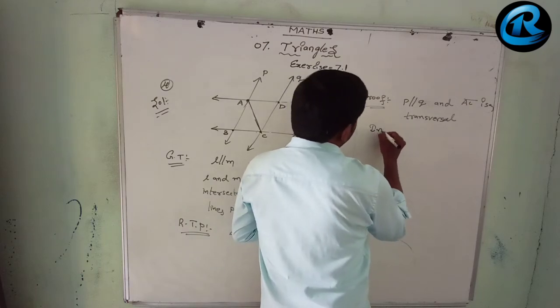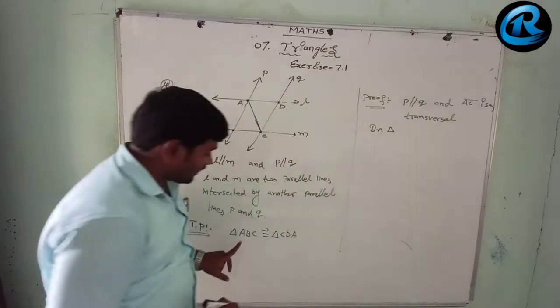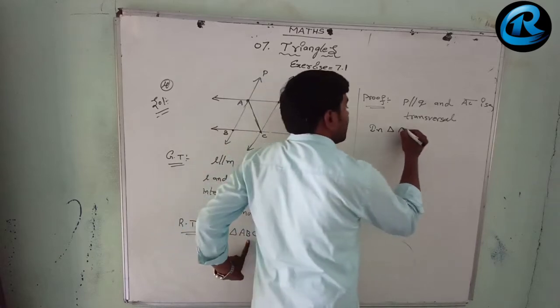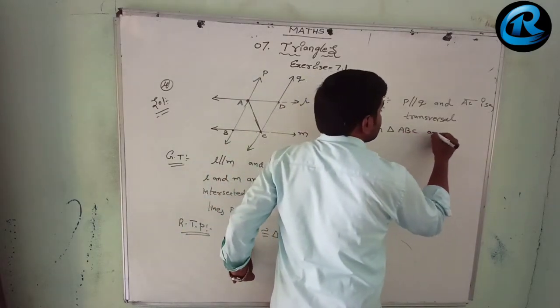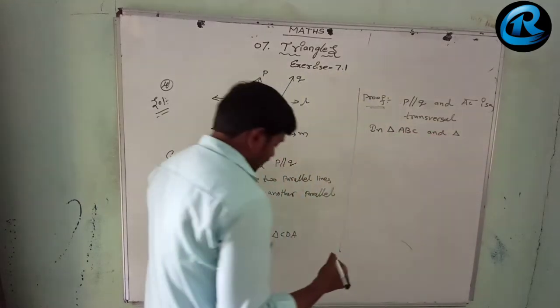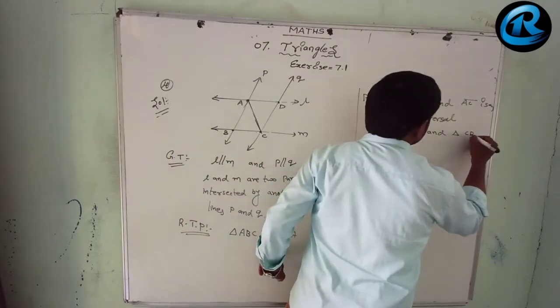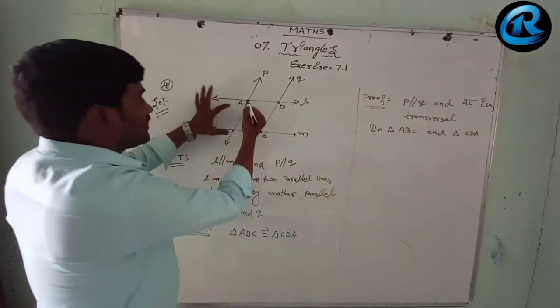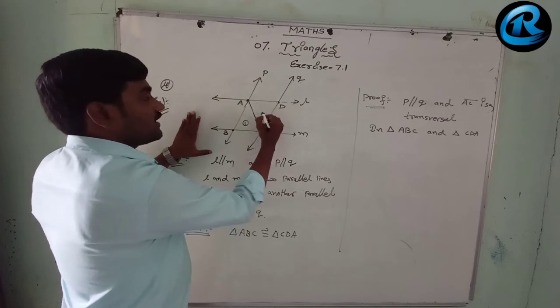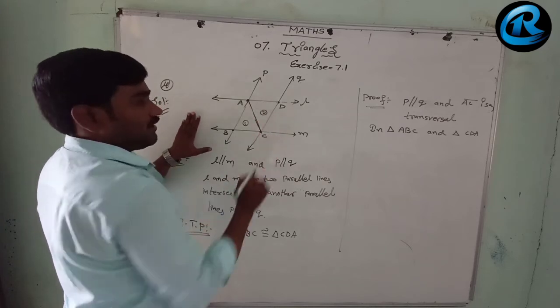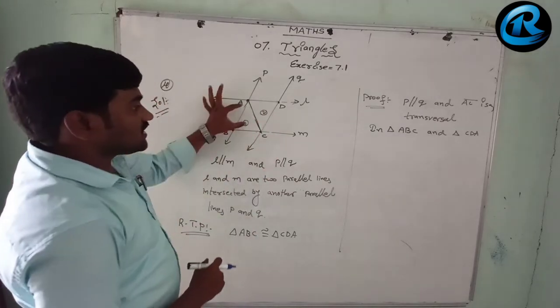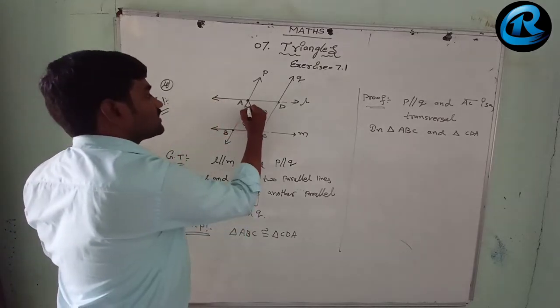Now let us take the triangles they asked to prove: triangle ABC and triangle CDA. Where is ABC? Here is the ABC triangle and here the CDA triangle. Now in this ABC triangle, these two angles are equal.